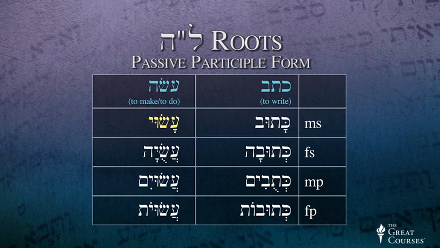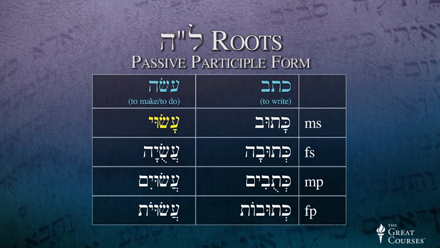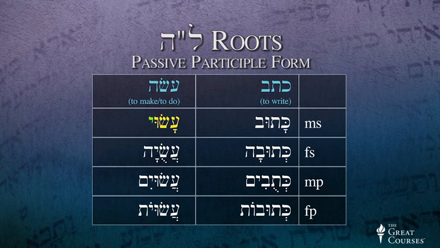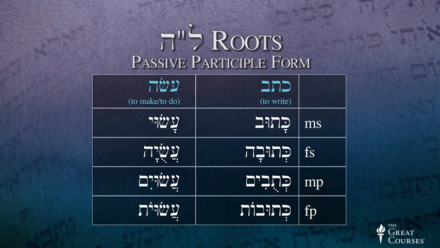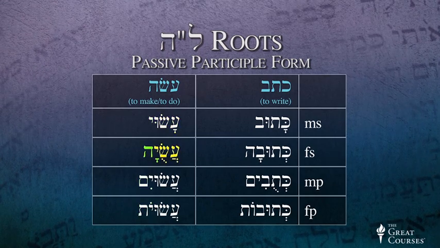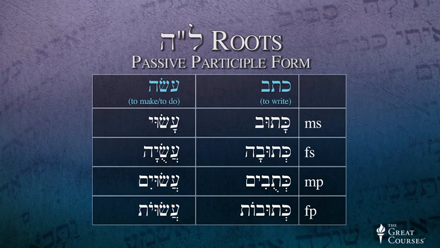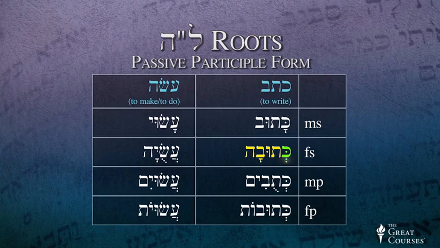Say asui, like chop suey. And now that we've restored the yud to its original place, we have a consonant we can use. So just add a, im, ot the normal way. Asui, asuya, asuyim, asuyot.